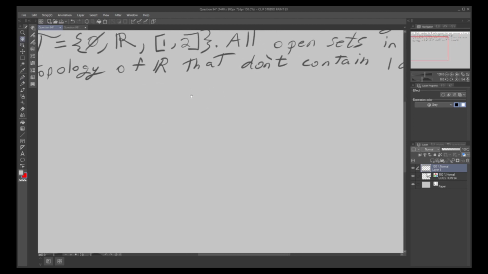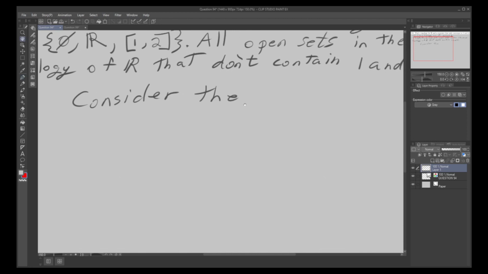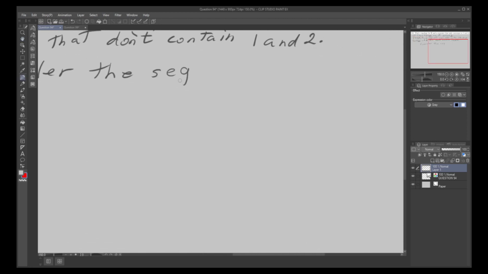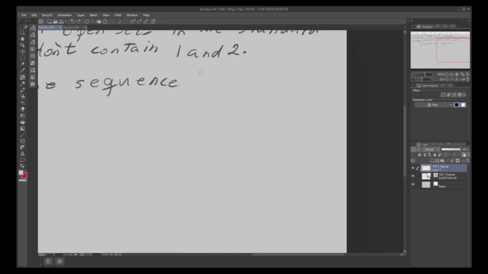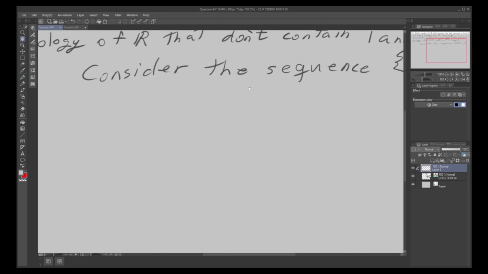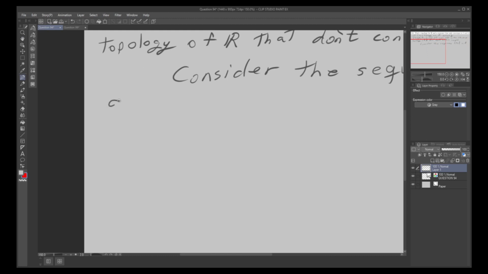Now from this, let's consider a sequence, some random variable x of n. Seriously, talking and writing, two different things, is pretty tough. I think I mentioned this in the previous video I made. But yeah, let's consider the sequence x of n in the real number sets, defined by x of n equal to 1.